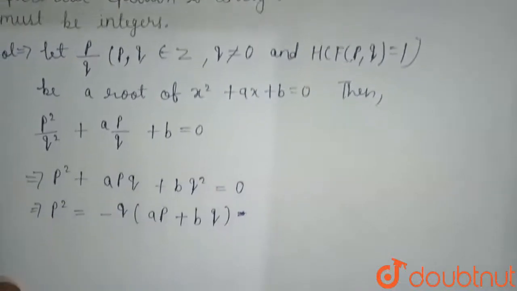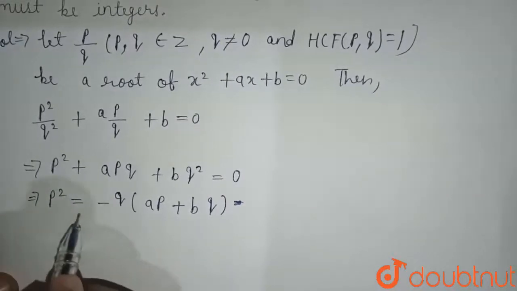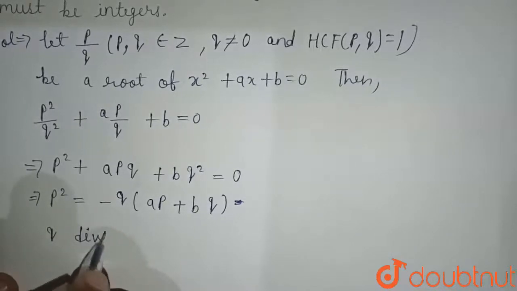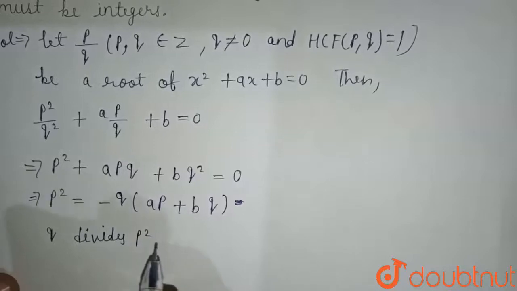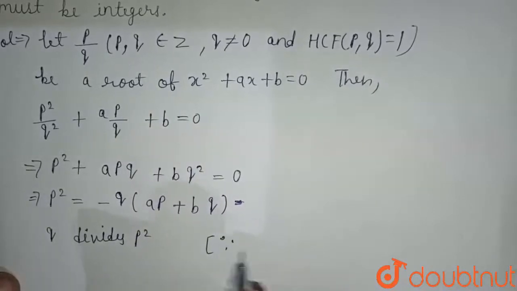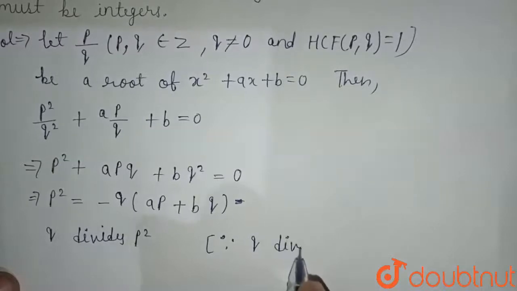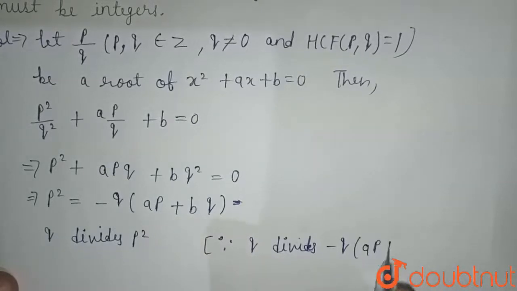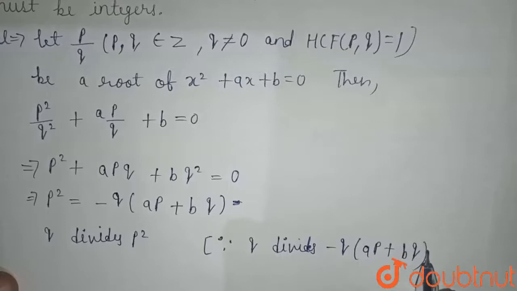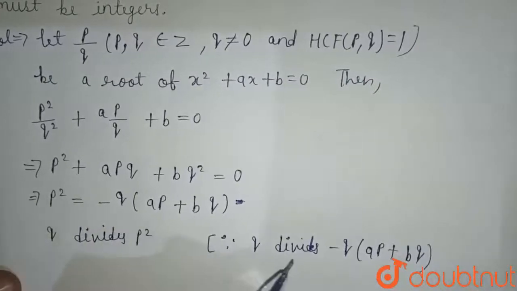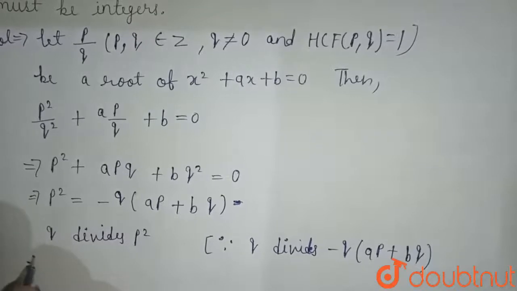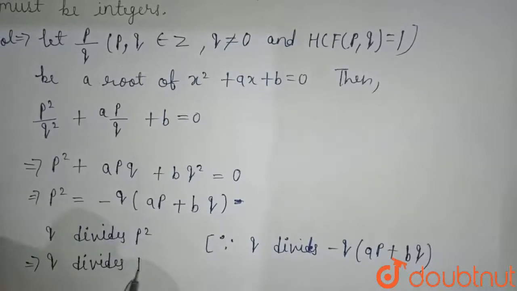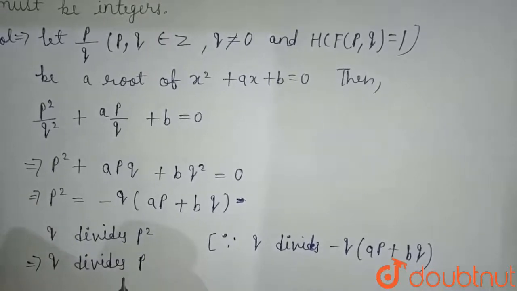So we can see here that q divides p square. If q divides p square, then q divides p.